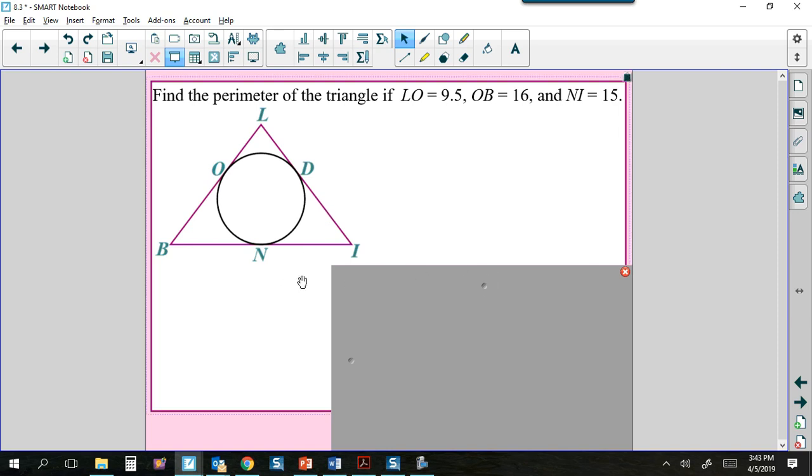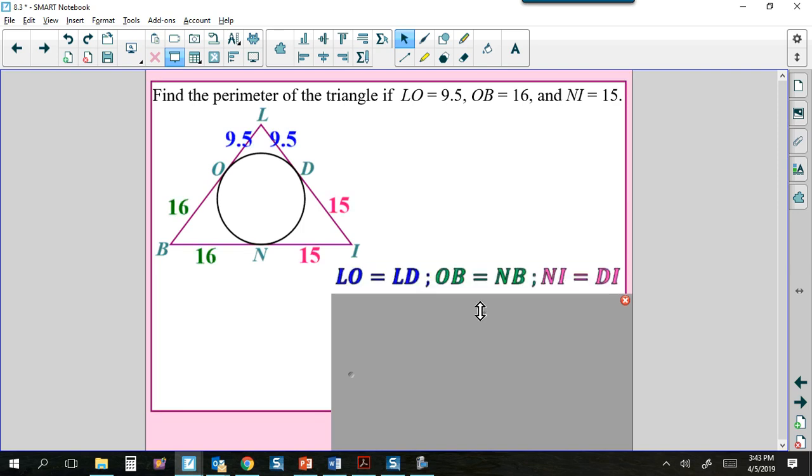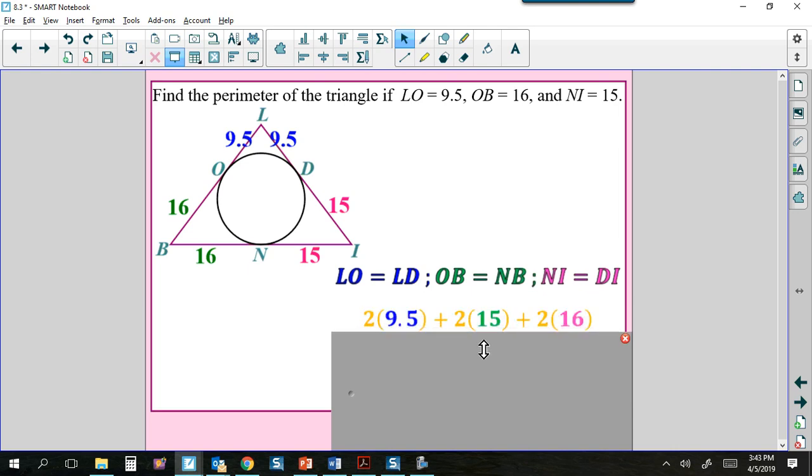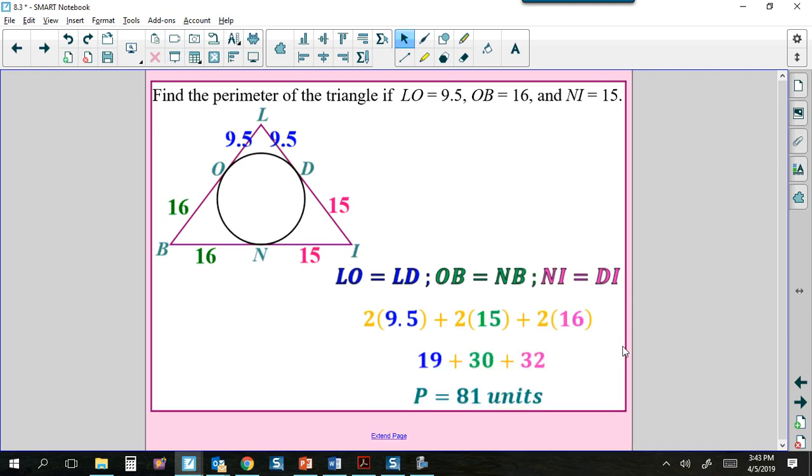Now, all you have to do, because we're trying to figure out the perimeter, is just add everything up. So basically what we are saying at this point is you would then take 2 times 9.5, 2 times 15, 2 times 16, add all of that up, and you get your perimeter is 81 units. Perfect.